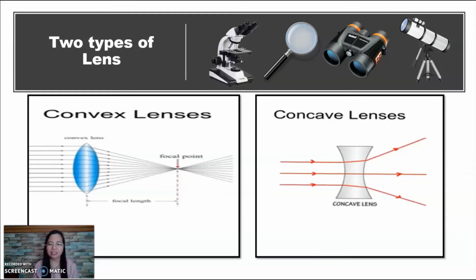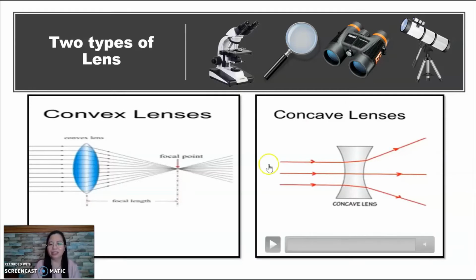Is there a difference? How about in terms of the behavior of light? Assuming that these arrows in the pictures are the light rays, how do these light rays behave as they pass through the lens? Is there any difference?